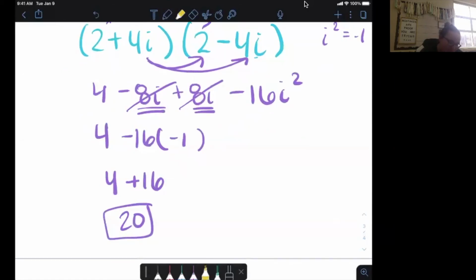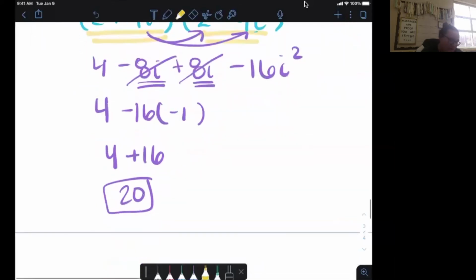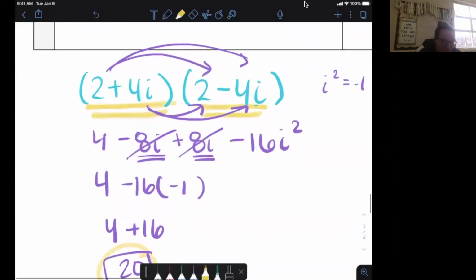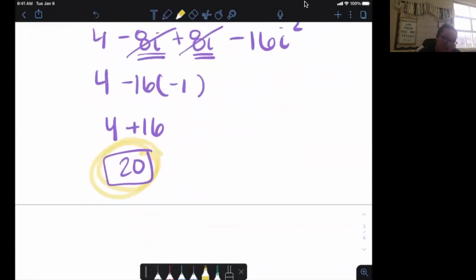Check it out. If I take a complex number and multiply it by its conjugate, I'm left with a real number. If I take the complex number 2 plus 4i and multiply it by its complex conjugate, 2 minus 4i, I'm left with a real number.